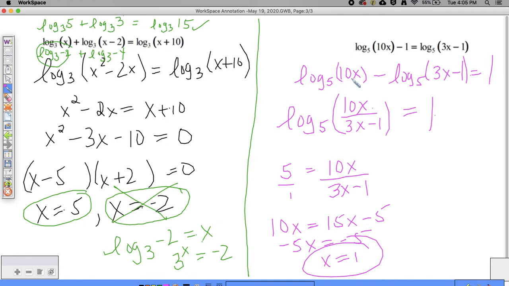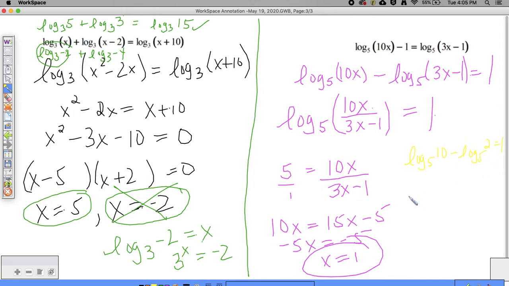So if I plug 1 in here, I'll use a different color so we can see it better. We have log base 5 of 10 minus log base 5 of 3 times 1 is 3 minus 1 is 2, of 2 is equal to 1. So we want to go ahead and condense these two again.